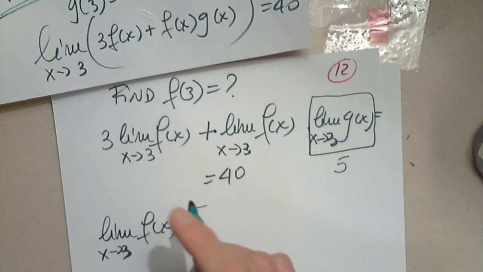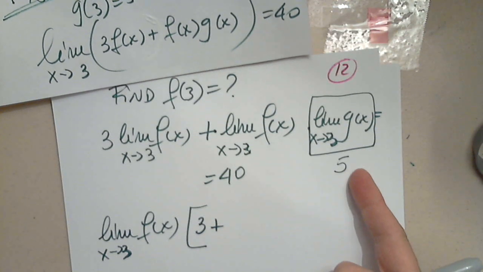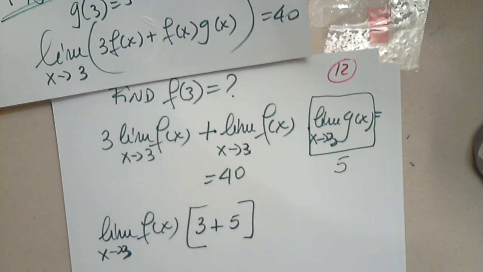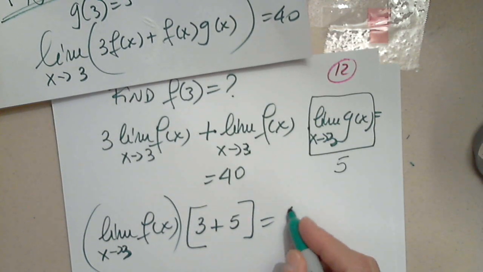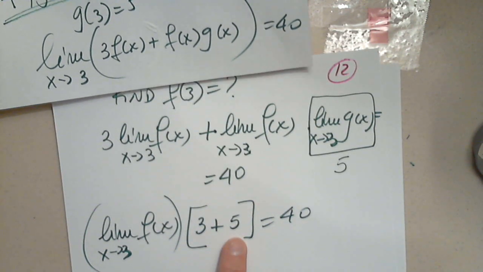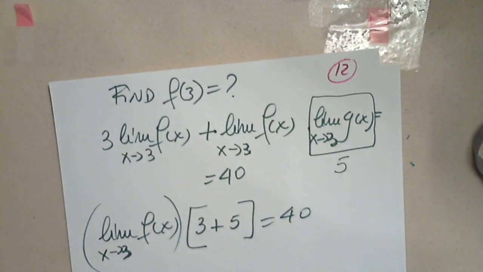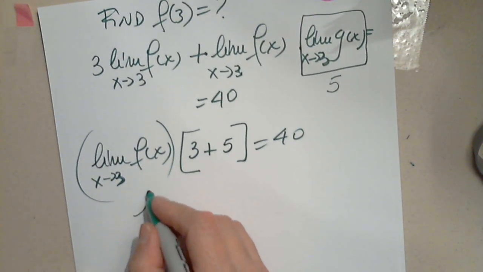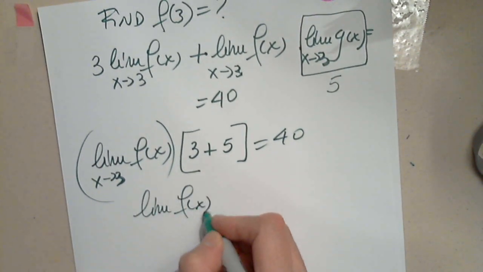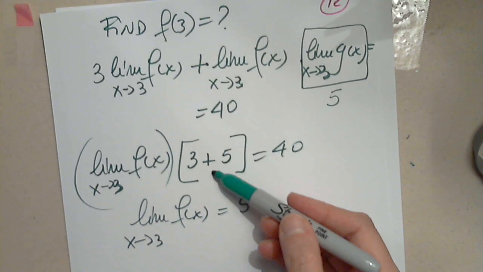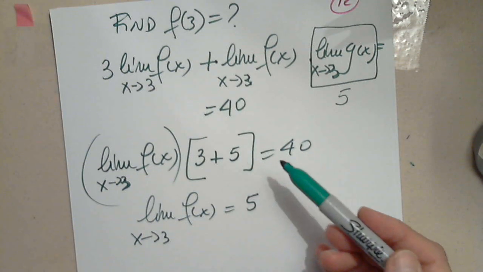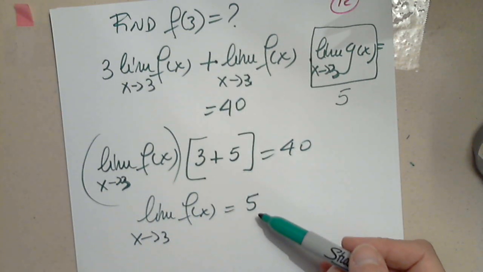Open a bracket, I have a 3 in front, plus this is 5. So all this is multiplied by 3 plus 5, and this is 40. But 3 plus 5 is 8, and I will divide both sides by 8. So then I have the limit of f of x as x approaches 3 equal to 40 divided by 8, because I have to add first. 40 divided by 8 is 5.